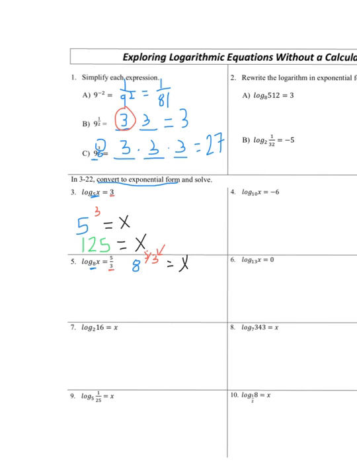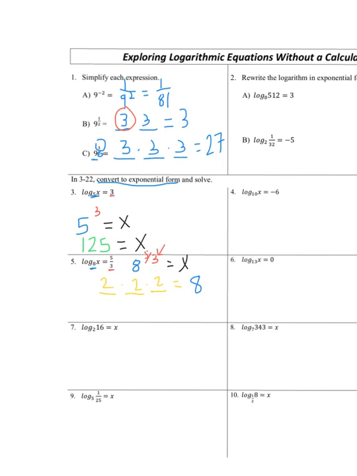Right. So it's something times something times something equals 8. That number is 2. 2 times 2 times 2.